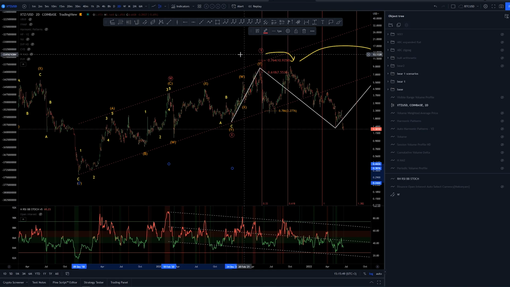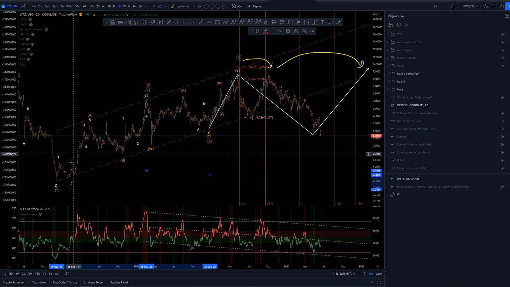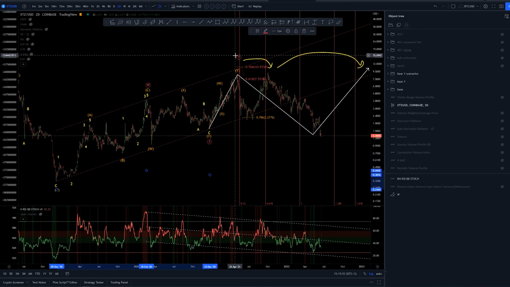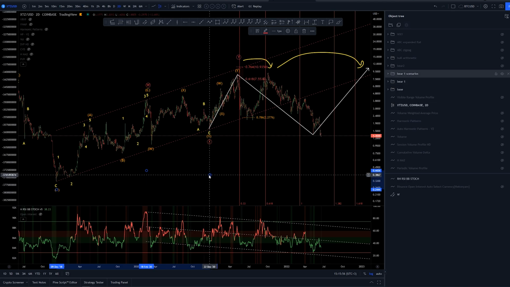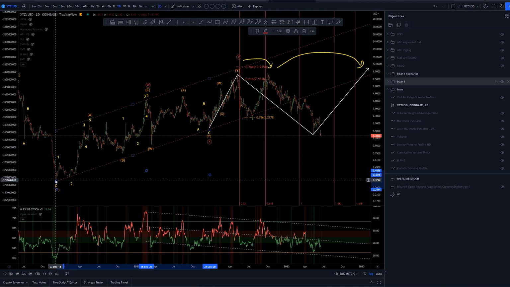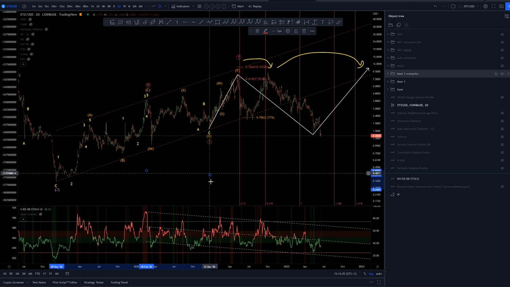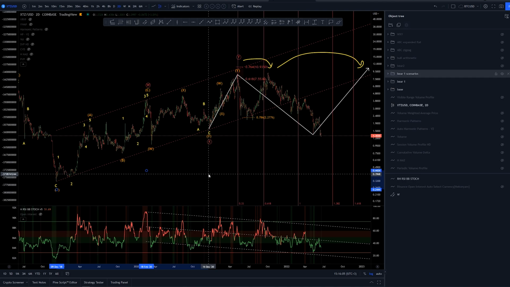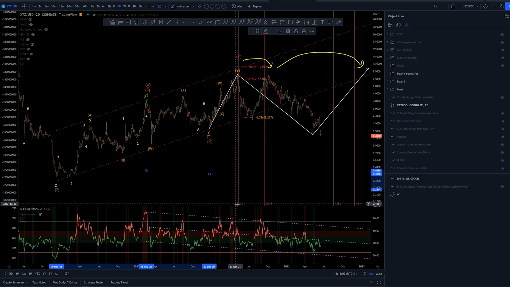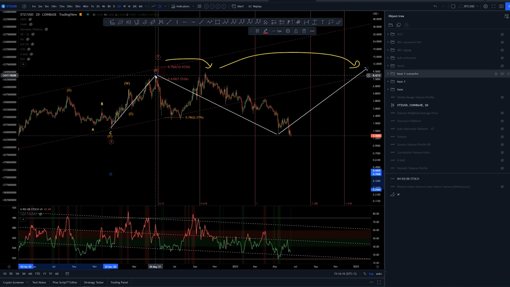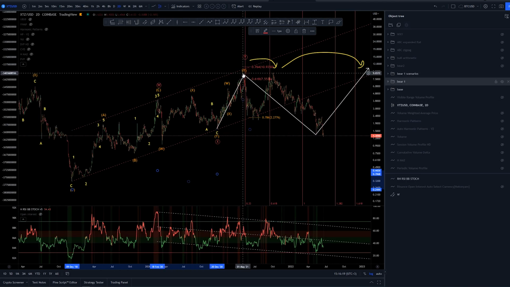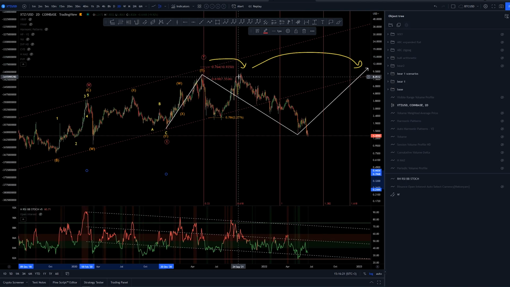This is again time analysis based on comparing the time it took to create W to create wave Y. So we pivot the first extension, starting from the start of W to W and then to X, and here we can see the minimum targets. Basically we are right around the corner of 0.33, which is the third of the W wave for the wave Y in time, which we did not hit. So it is possible that wave Y is not completed up here, and instead it could be up here.